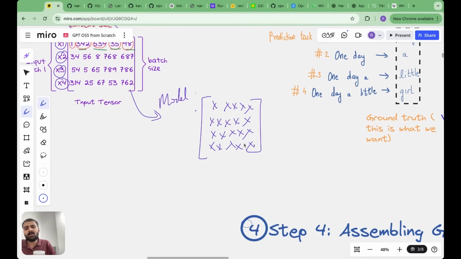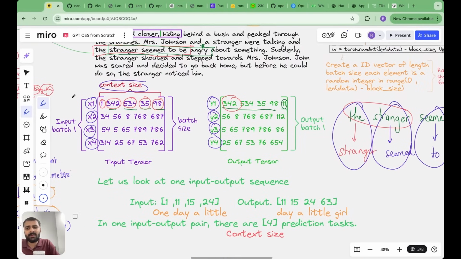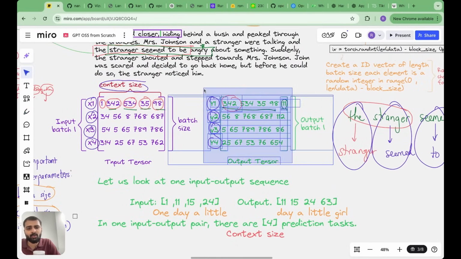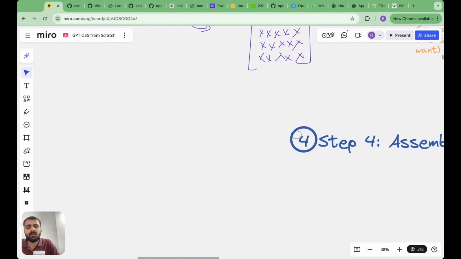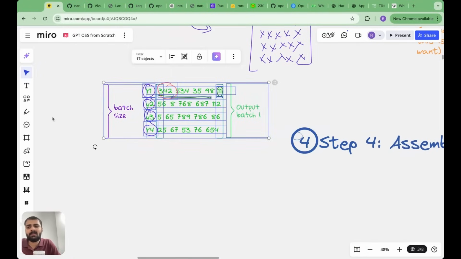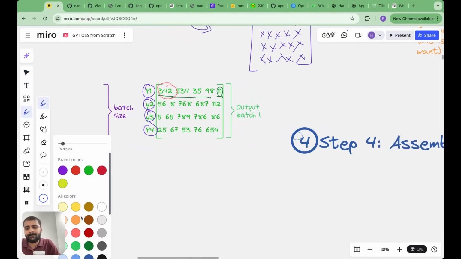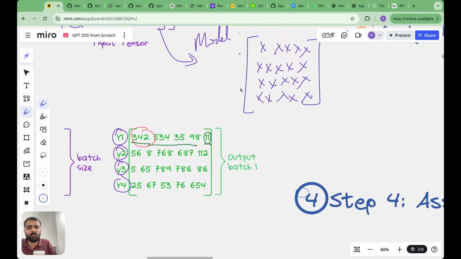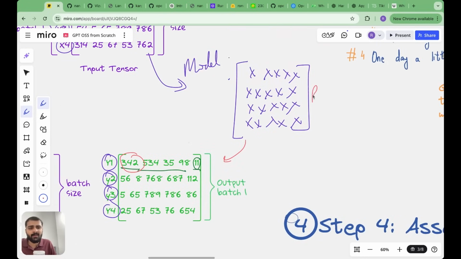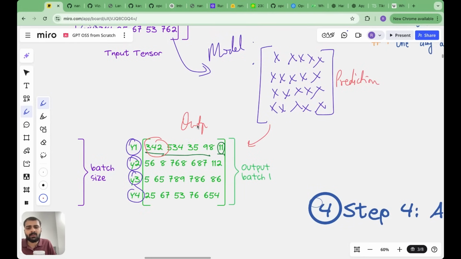All of these predictions will be compared to my ground truth, which is this output. So these are the model predictions and this is the output. This is the ground truth.